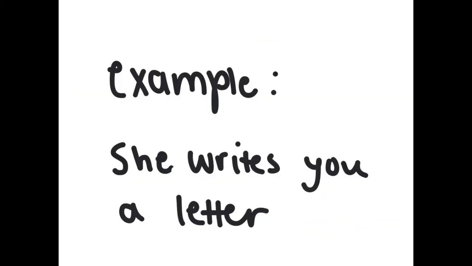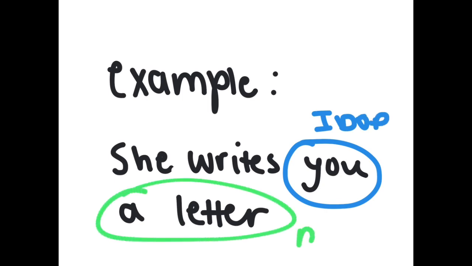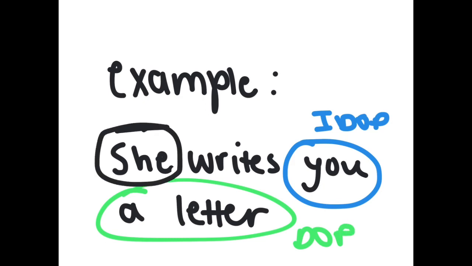So here's another example. She writes you the letter. And so in this case, you is the IDOP, the indirect object pronoun, and the letter is the DOP. And she is the subject, and writes is the verb.